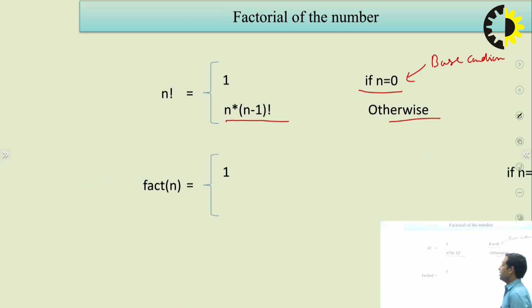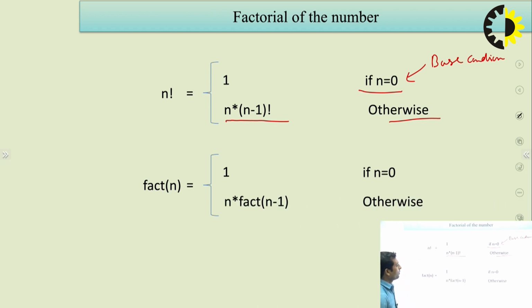The same thing is written in the form of a function. We are defining the function factorial. In mathematics we give the factorial sign, but in programming we use the concept of recursion using a function.